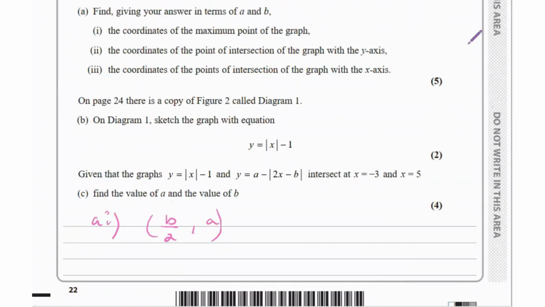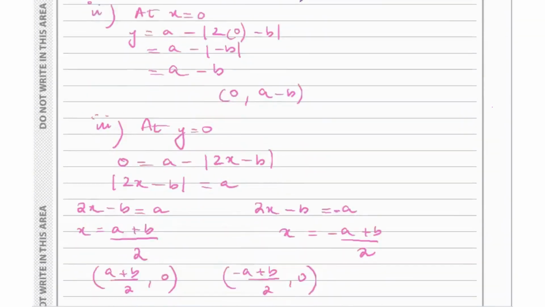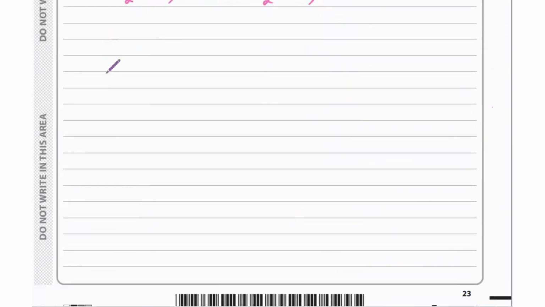Then given that the graph of y equals the absolute value of x minus 1 and y equals a minus the absolute value of 2x minus b intersect at x equals negative 3 and x equals 5, you have to find the value of a and the value of b. Over here, it will play a very important role that a is greater than b. So they're both intersecting at x equals negative 3 and 5.